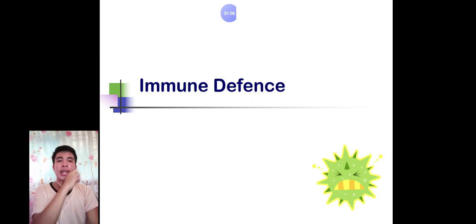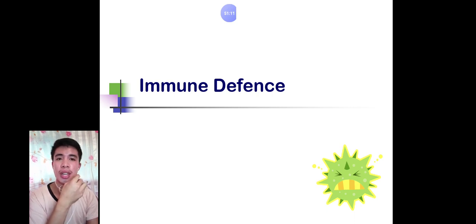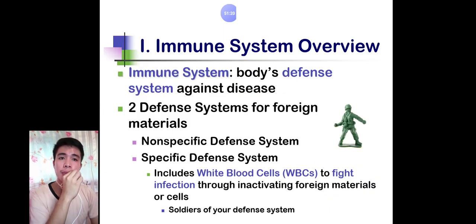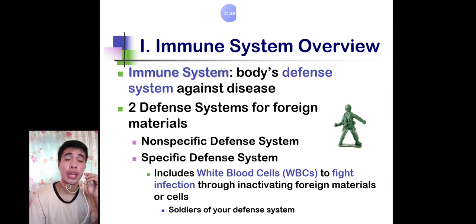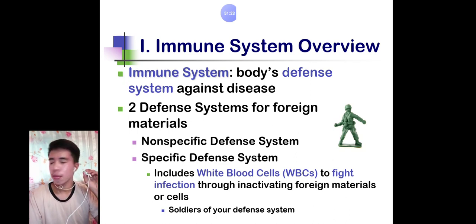So, let's proceed to immune defense. The function of the immune system is to defend and fight bacteria and pathogens. So that is the defense. Immune system overview: the immune system is the body's defense system against diseases, right? As I just said, the job of our immune system is to defend against viruses, bacteria, or pathogens that enter our body.